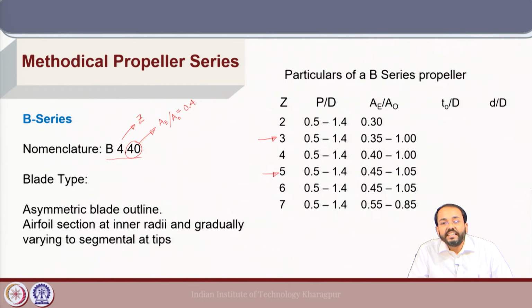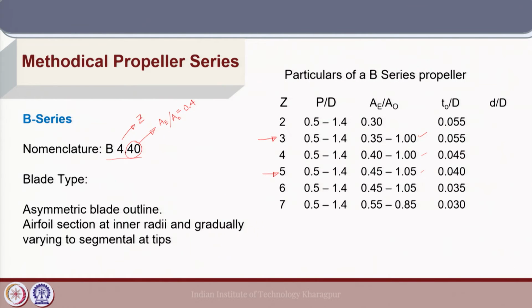So, we will see that as the number of blades increases, naturally there will be an increase in the blade area, because the disc area A0 is defined by the diameter. A0 is nothing but pi d square by 4, where d is the diameter of the propeller. So, if we try to put more number of blades within the same area, what will happen? The basic AE by A0 will increase, that is what is shown here. As the number of blades increases, the AE by A0 range is different.